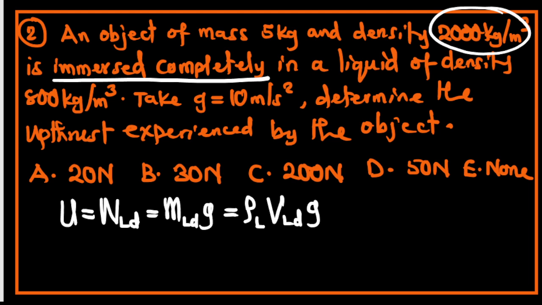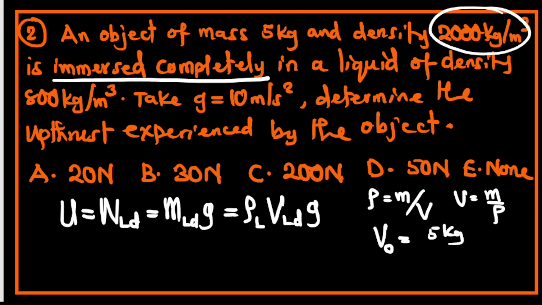volume of liquid displaced. So, from density equals mass over volume, volume should be equal to what? Mass over density. So the volume of the object is going to be equal to mass, which is 5 kg, over density, which is 2000. Is it?